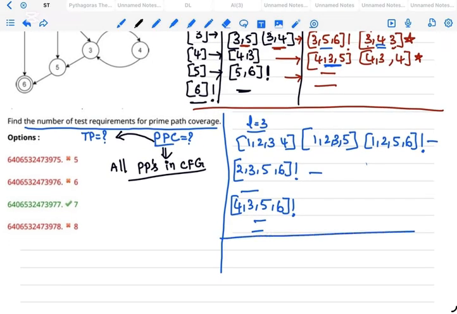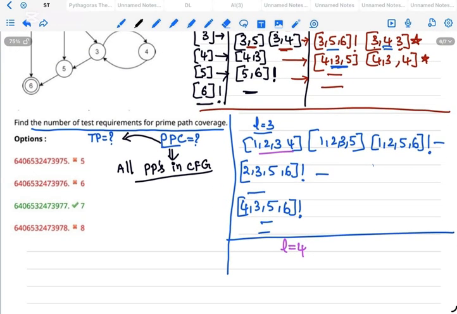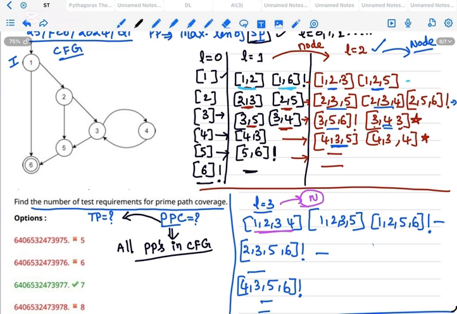Next we will go for length 4. We extend this one. First 1 2 3 4 2. That is 1 2 3 4, we extend this length 3 path to the next node, it will become length 4, right? So first we extend the simple path 1 2 3 4, that is 1 2, 2 3, 3 4.